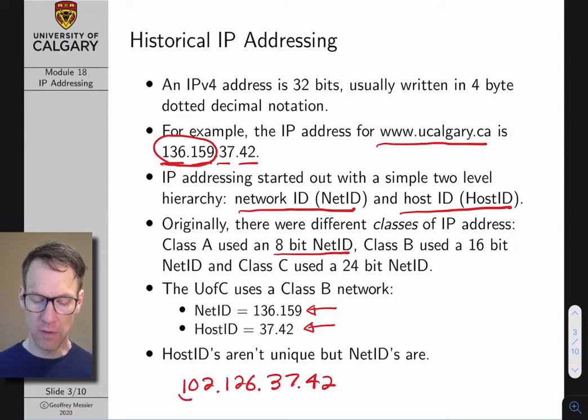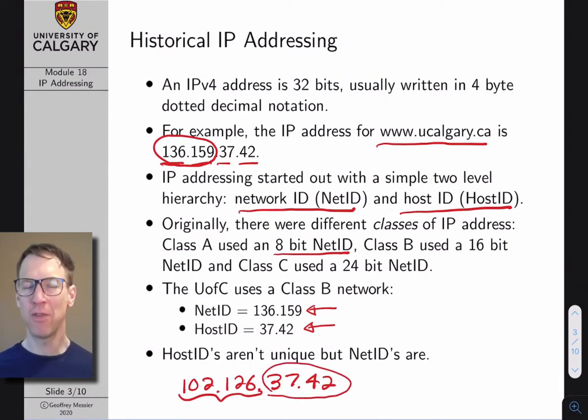So this is the network ID part, that's unique, and the host ID is not unique. Kind of like in 2 different cities, we could have a main street, for example. So there could be a house at house number 42 on Main Street, and we could have that both in Calgary and another city.